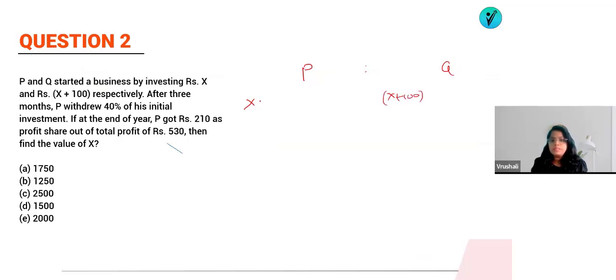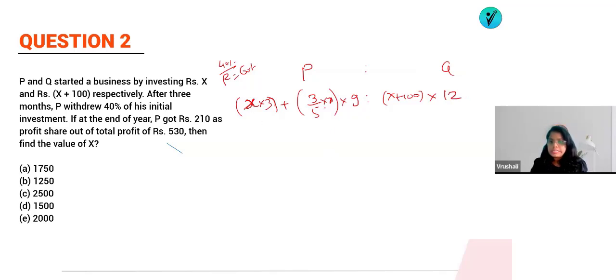After 3 months, this X was invested for 3 months. After 3 months, P has withdrawn 40%. So what will be the remaining? 40% withdrawn means the remaining will be 60%, that means 3 by 5 of X for the remaining 9 months. At the end of the year, what is the profit? We know that Q has invested for 12 months.